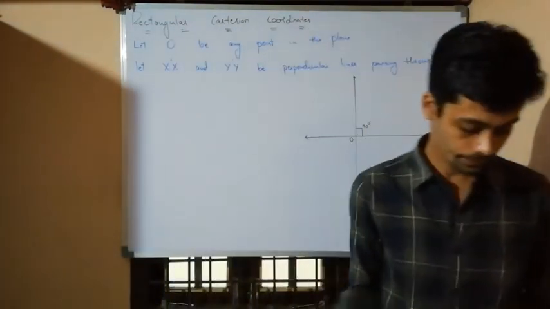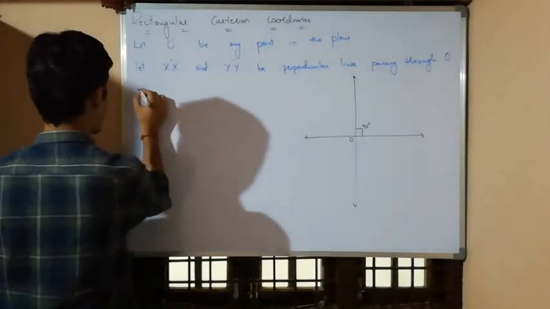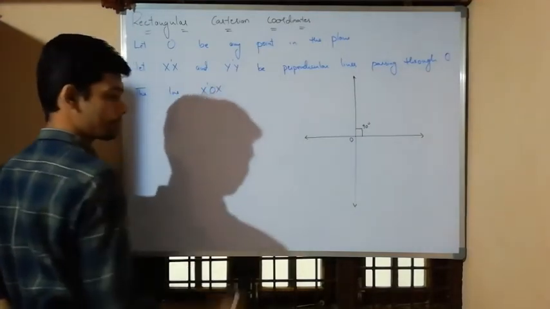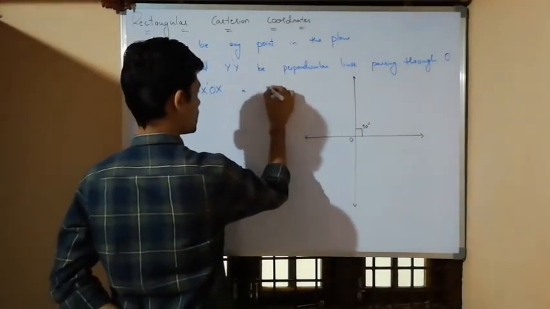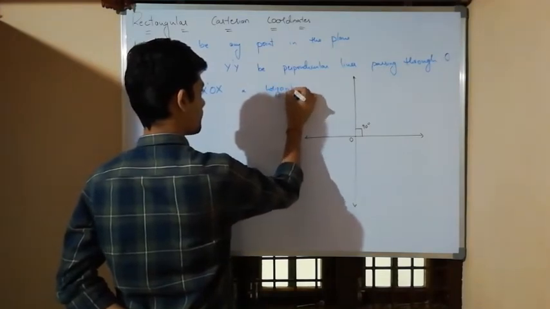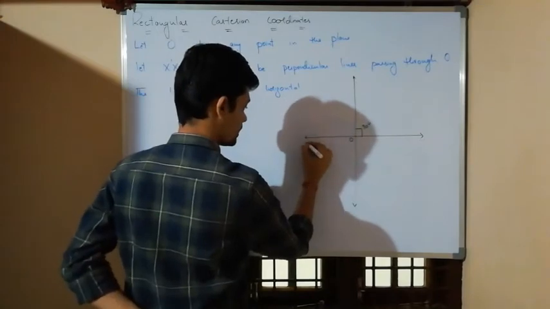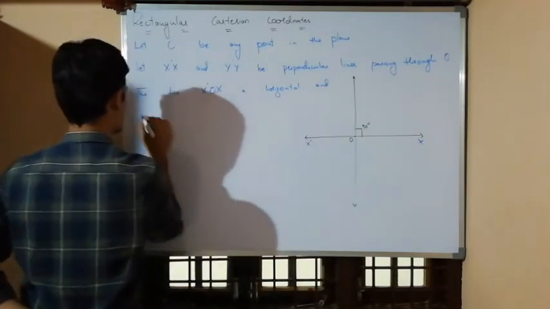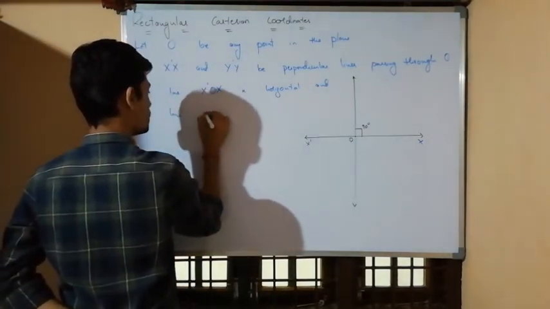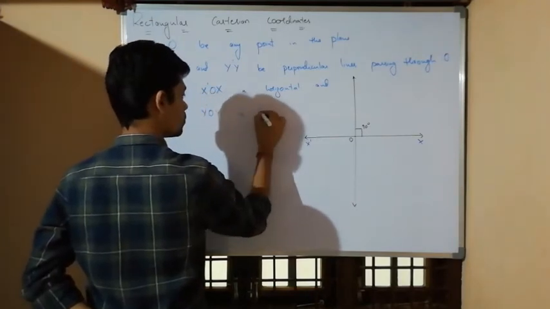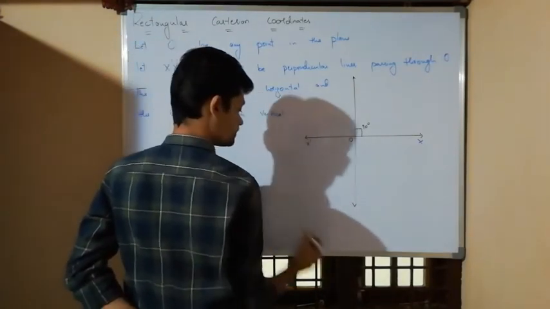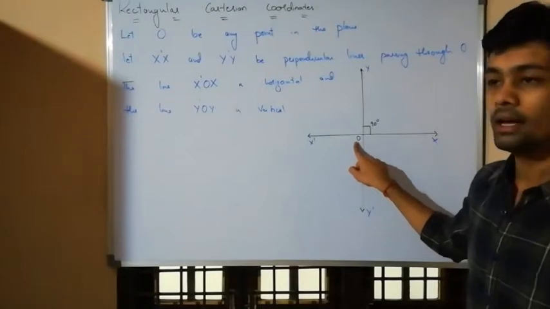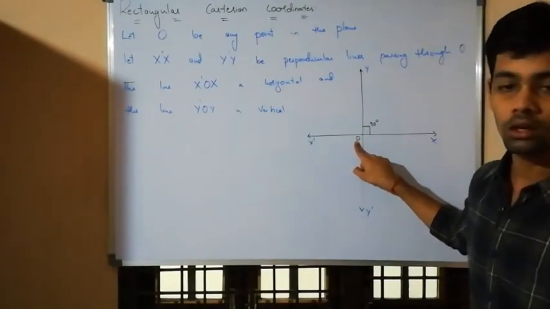So let us take the line x dash O x as horizontal, and the line y dash O y as vertical.